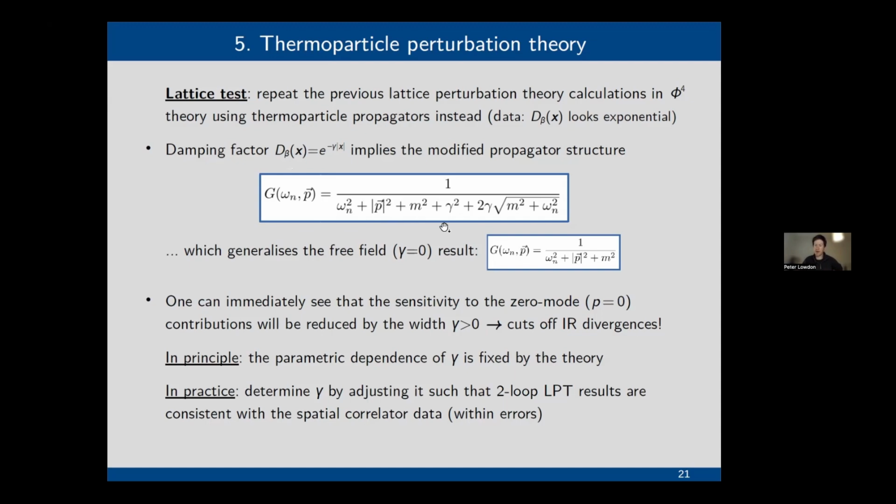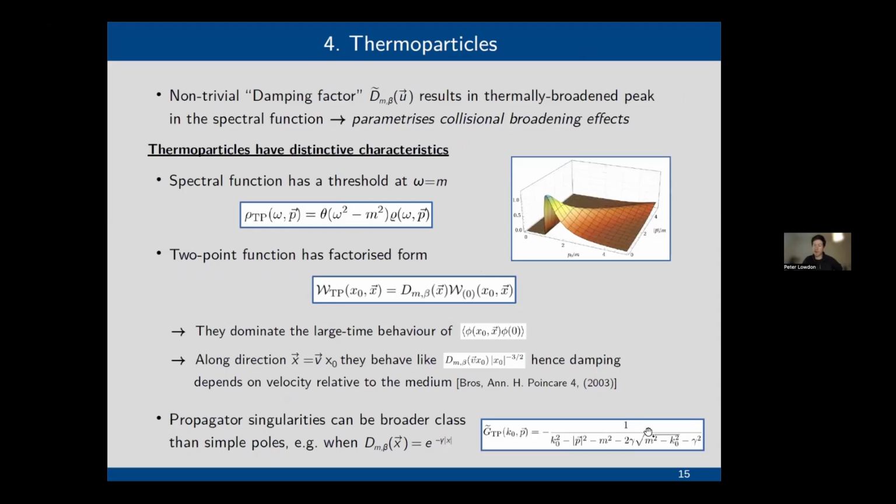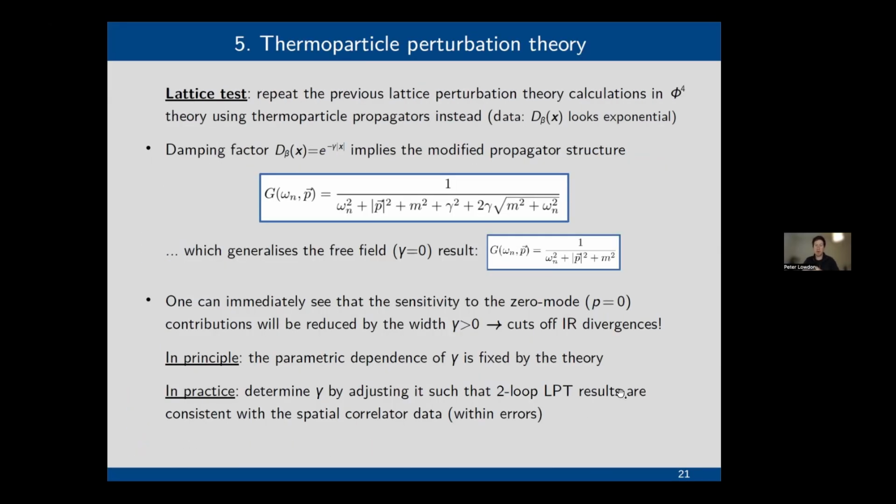This is just the Euclidean version of this here, which is the real-time version of that propagator with an exponential damping factor. Of course, when gamma, the width, goes to 0, you recover the standard Euclidean result. And this then cuts off all of the infrared divergences, because at p equals 0 and m equals 0 this is non-vanishing, whereas in the standard case, this diverges at that point.